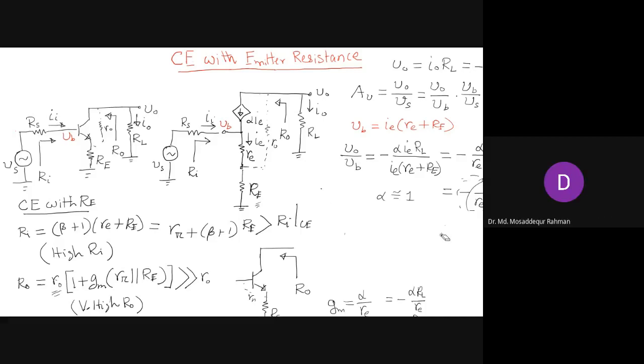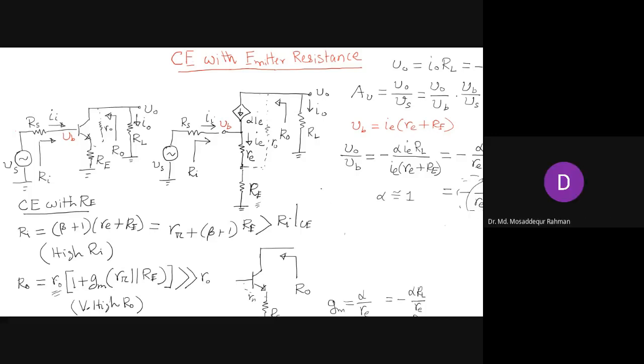Smaller value of what? Smaller value of V naught by VB, this portion. We have this expression, no? Yes. And which part are you talking about in this expression? Sir, I'm talking about this RE, the capital RE.